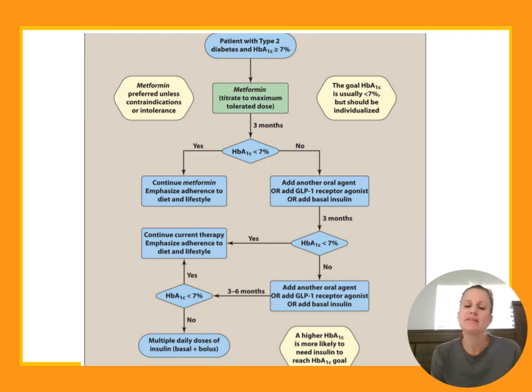Okay, so on this slide, you see a treatment algorithm that shows you the steps necessary to treat type 2 diabetes. Type 1 diabetes, remember, requires insulin injections, basal insulin, and then bolus insulin after meals from the beginning. So type 1 diabetics, you go straight to insulin.